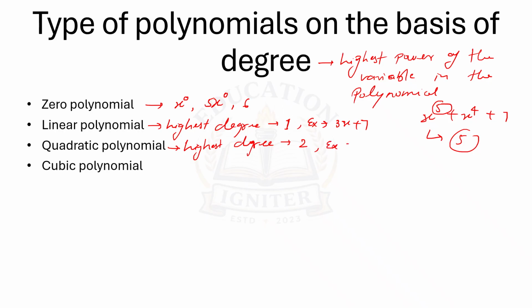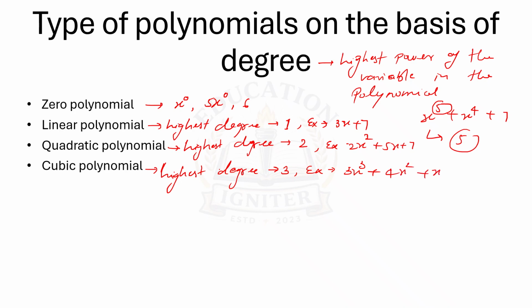Example, you can write 2x square plus 5x plus 7. So here the highest degree is 2. Now if I am talking about the cubic polynomial, in this polynomial the highest degree will be 3. Here we can see an example like 3x cube plus 4x square plus x plus 8.